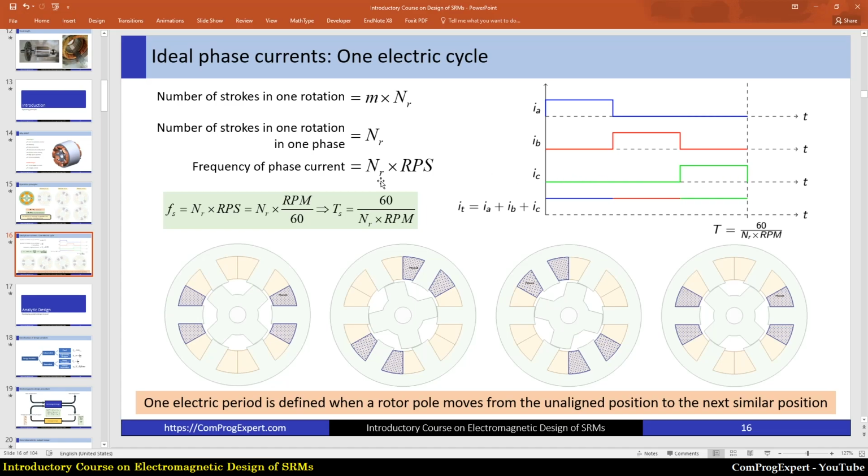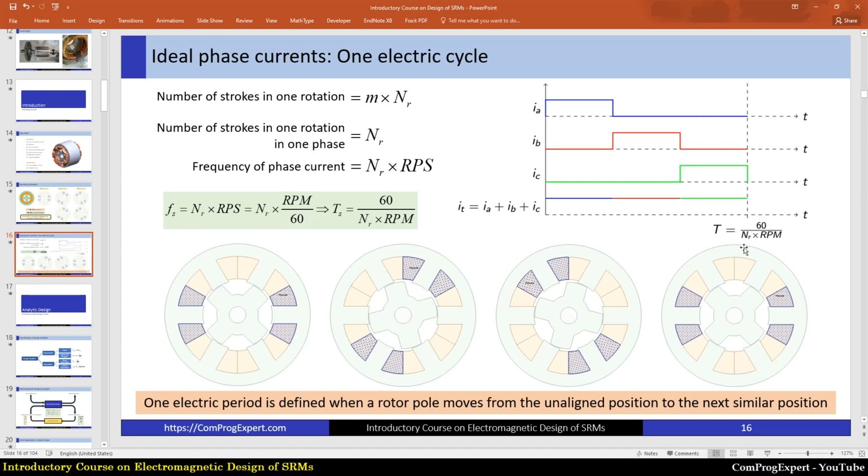The frequency of current is NR times RPS. RPS is RPM divided by 60. And the electric period is the reverse of the frequency, that is 60 divided by NR times RPM. So this is one electric period of the phase current.